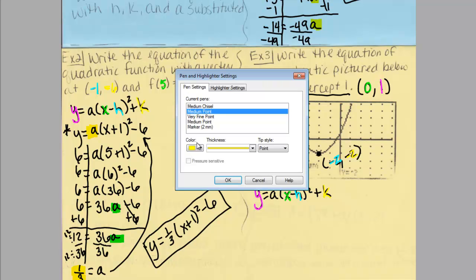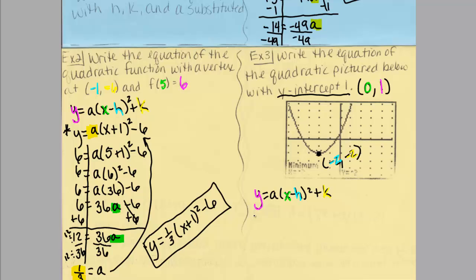Alright, so let's start plugging things in. Remember, this is a step you can skip, but please don't. y is equal to a(x, and we would do minus whatever h is, which would be minus a -2. Minus a negative makes it plus. We would normally do plus whatever k is. Well, k is -2, so plus -2 really just isn't proper, so instead of writing plus and negative, we write minus 2. Now we've got to plug in our y and our x.